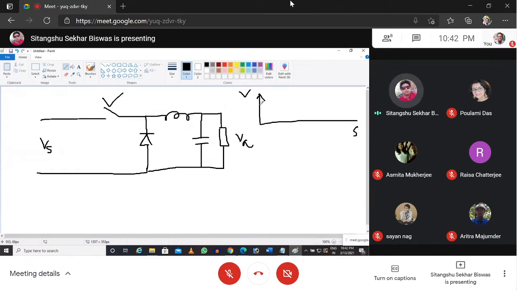Say if this is the period, then for T1 it is on and T2 it is off. So total period T is equal to T1 plus T2.